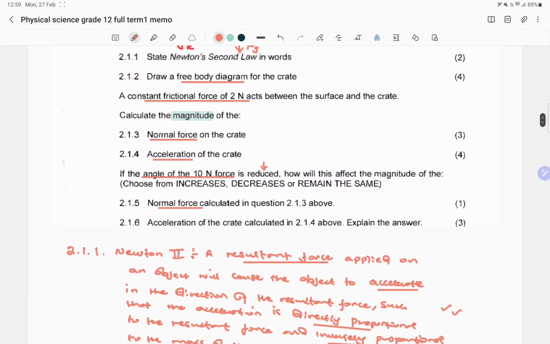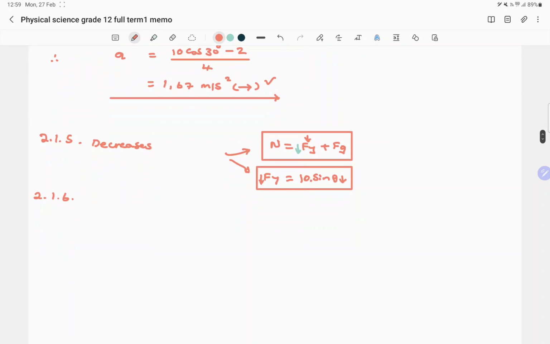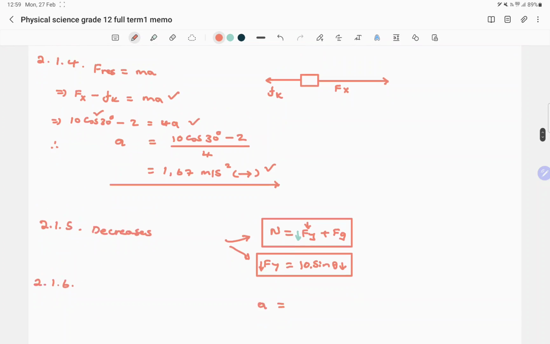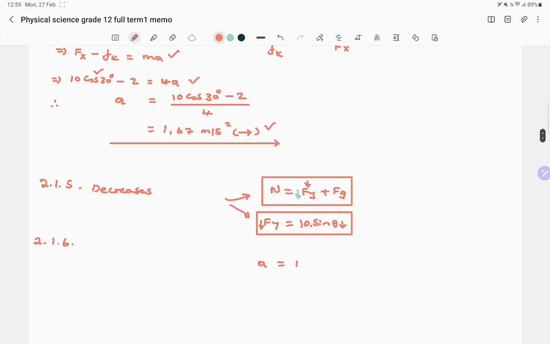Okay, let's look at 2.1.6. It says, what about the acceleration? Now, the acceleration of this object, explain the answer even. This time you're going to have to say something about your explanation. Now, in terms of the acceleration, just think about it in general, in this diagram, because we already have these two horizontal forces, acceleration is basically the resultant force, which is going to be Fx minus our Fk all over mass, isn't it?